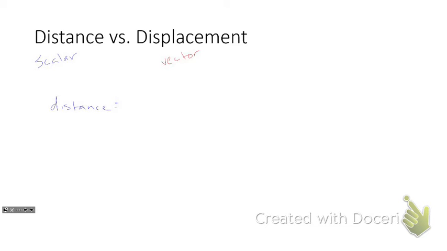The length between 2 points, yeah. Okay, so length. Or also the total distance traveled, right? Total distance traveled.